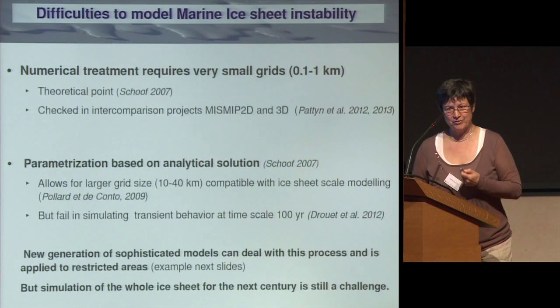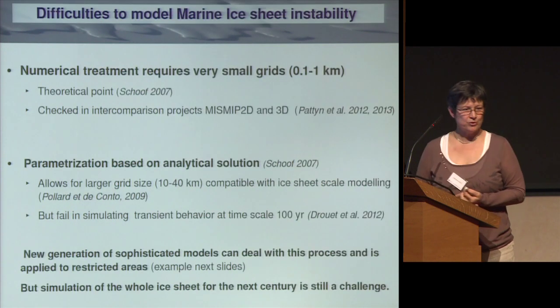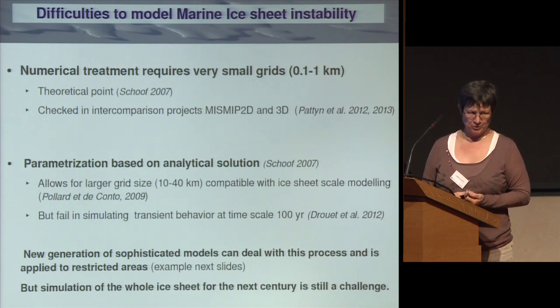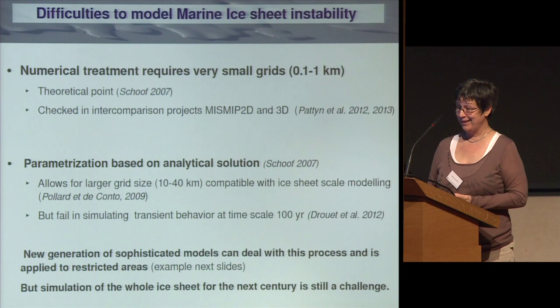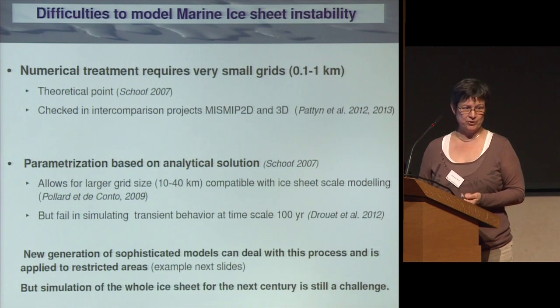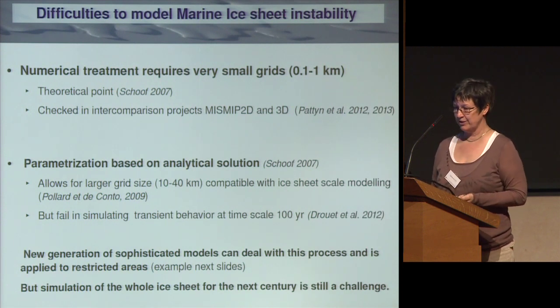The difficulty with this process is that the numerical treatment requires a very small grid. When I say very small, it's between 100 meters and 1 kilometer. There is a theoretical point behind it. It has also been checked by intercomparison between models in 2D and in 3D.